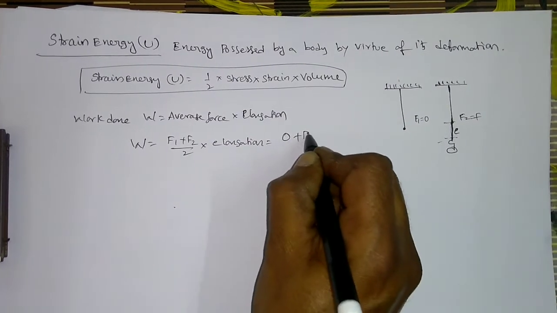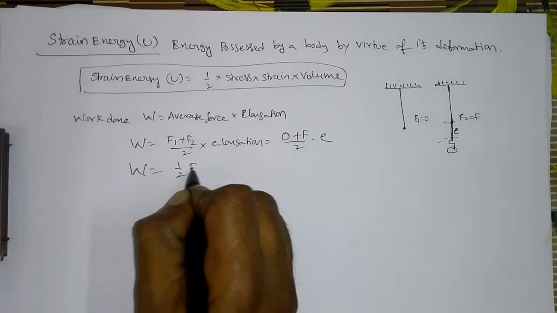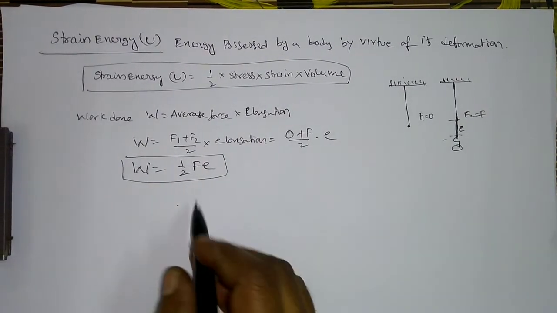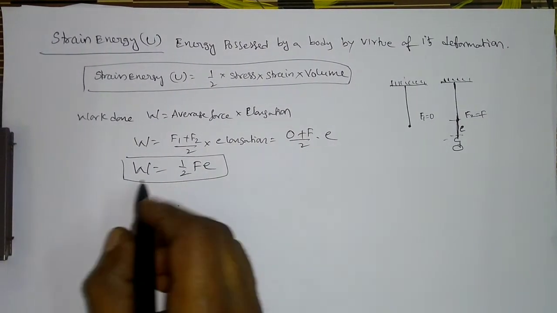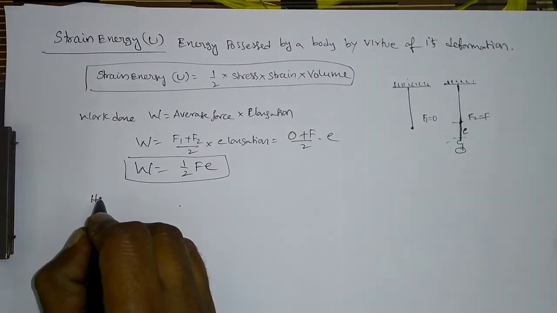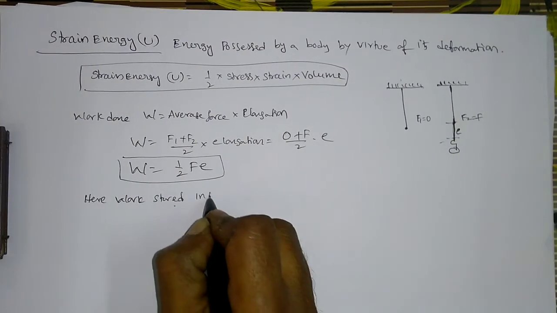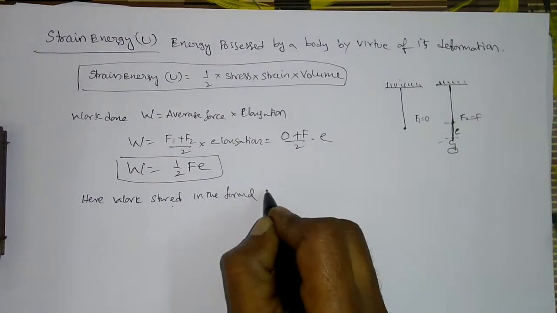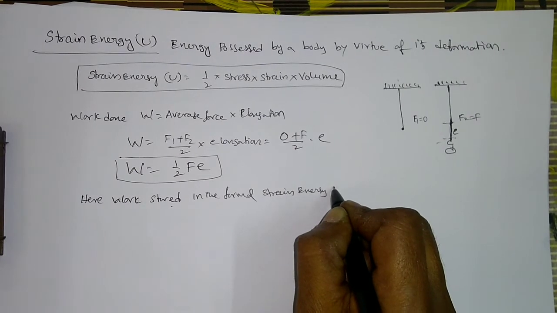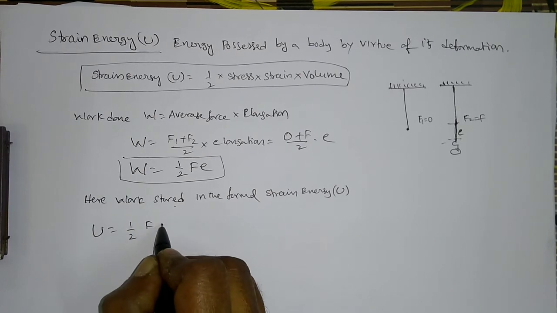That is, (0 plus F) by 2 into e, or simply W is equal to half Fe. This is the formula for the work done during the elongation. Here the work is stored in the form of strain energy, that is U. Simply, U is equal to half into F into e.